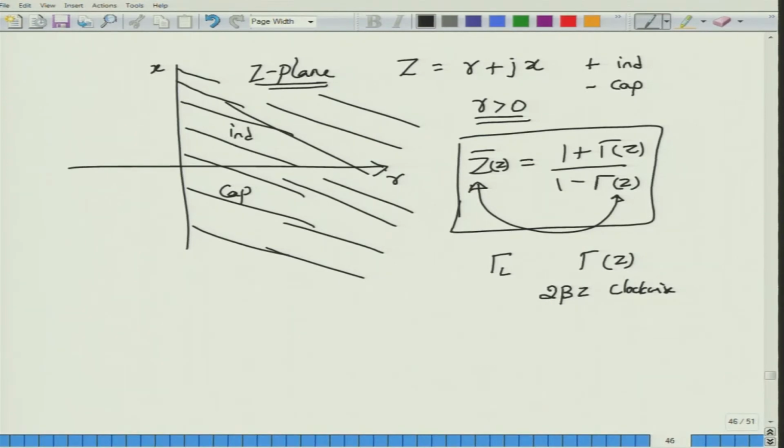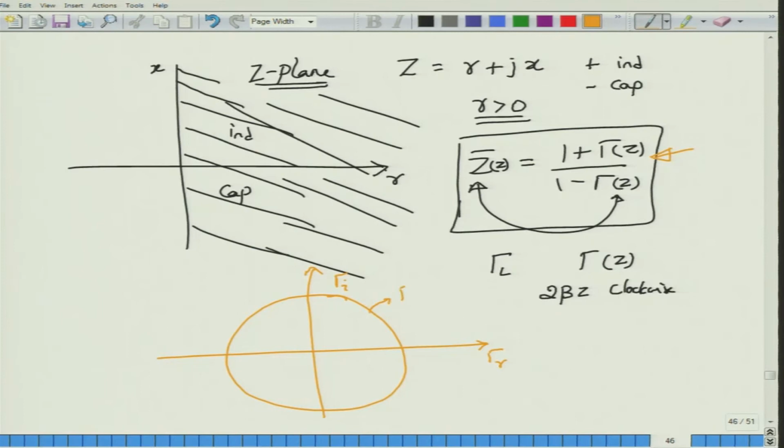So, what Smith did is to consider this Z plane, and by knowing this relationship, this relationship can be inverted to write one more relationship. I will write that in a few minutes, but then he converted this entire rectangular region, the entire right half of the complex Z plane, into a circle on the complex gamma plane, where the axes were gamma R and gamma I, with the maximum value of the radius being equal to 1, signifying that the reflection coefficient for passive loads cannot be more than 1.